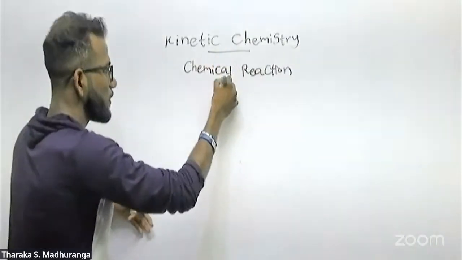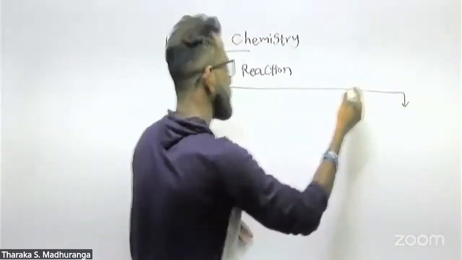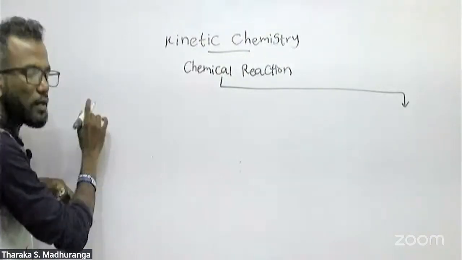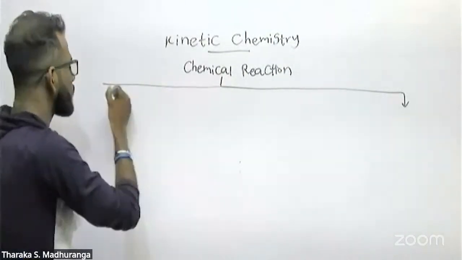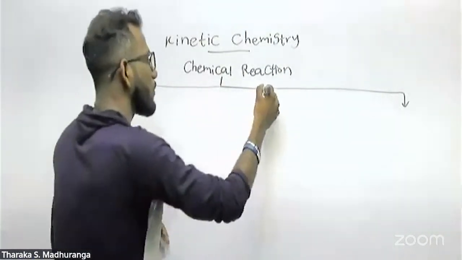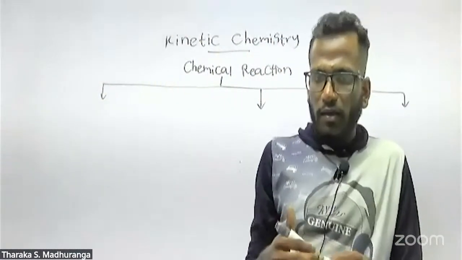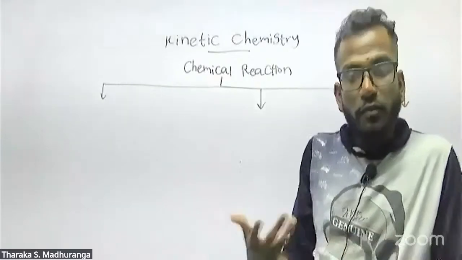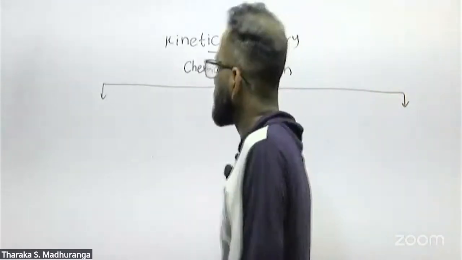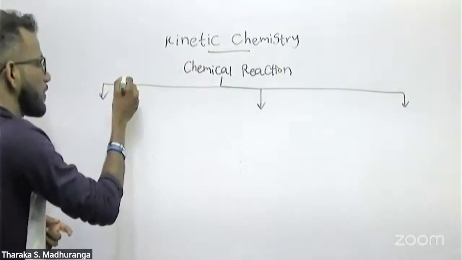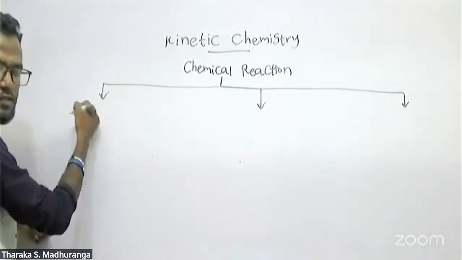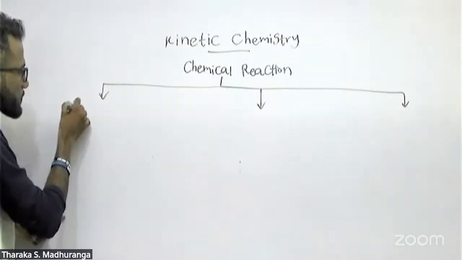According to the rate means the commonly known idea of the speed of reaction. The first type is slow reaction.